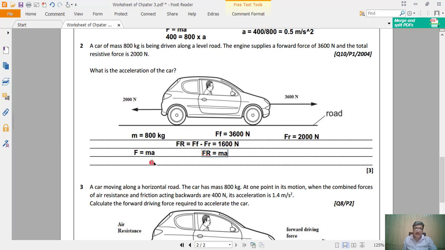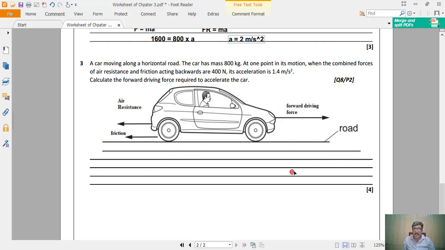Fr I have calculated, that is 1600, is equal to m, mass is given, that is 800, multiplied by acceleration a. So from here I get acceleration that is equal to 2 meter per second square. And this we have to calculate here. If you see here, what is the acceleration of the car? Hope it is clear to you.